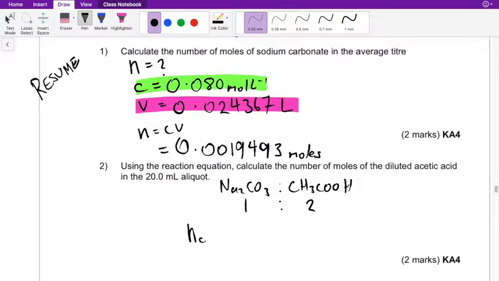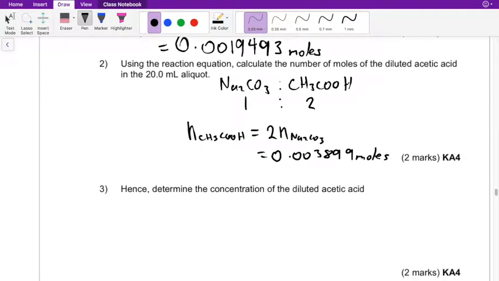So n of acetic acid, as we said, we get twice the amount of sodium carbonate, so we're going to times that number by 2. That means just times the previous number by 2, which is going to give you 0.00389 moles.